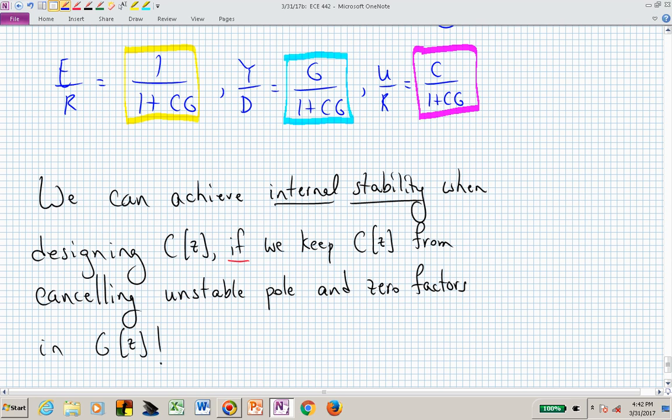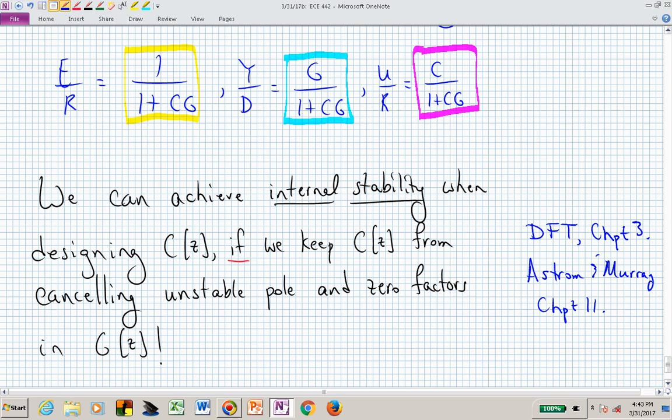And if you want more background on this internal stability concept, you might refer to the Doyle-Francis-Tannenbaum reference that we have for this class, which is chapter 3 of that book, or the Åström and Murray reference, and I believe that will be in chapter 11 of that particular reference.